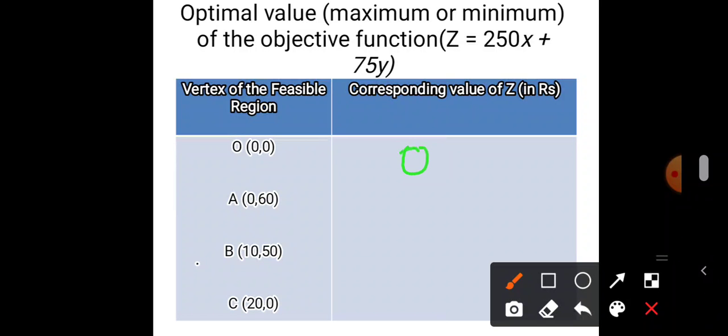For A, x is 0 and y is 60, and 75 into 60 we will get 4500. And for B, the value of z will be 6250. And for C, the value will be 5000.